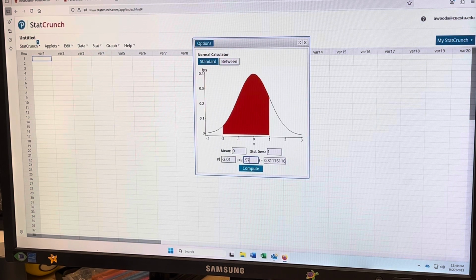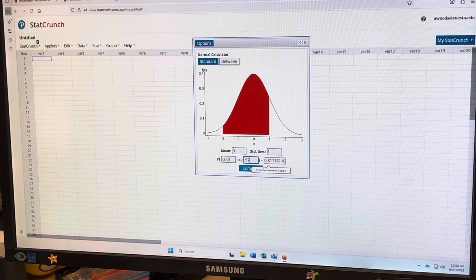Click enter. Again, we want to make sure that our graph looks something like the graph that we drew on the paper. It looks, again, not perfect, but about the same. And there is the area that pops out, 0.8118.